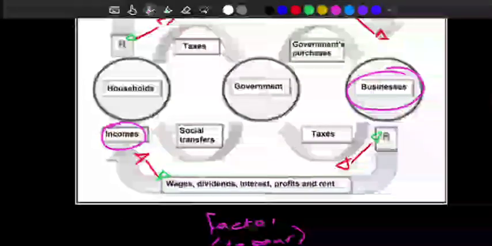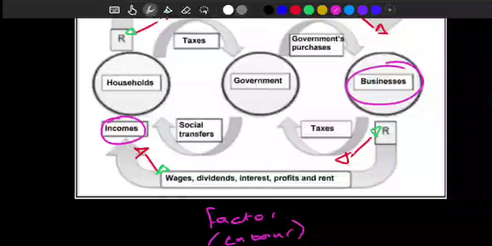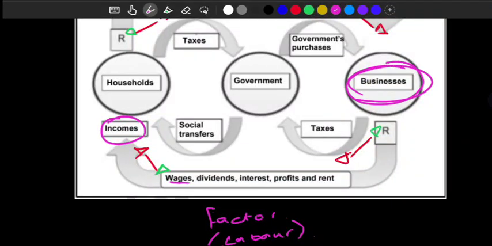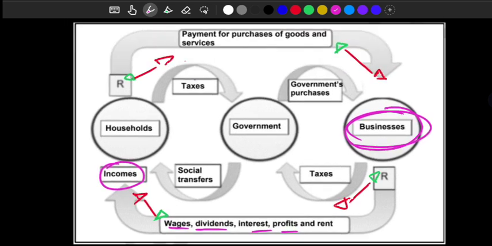So as I was saying, we go to the factor market and work for the business in order to get wages, right? Or you invest in their business, get dividends, interest, profits, all that, rent, right? And the business will then have a product to sell.